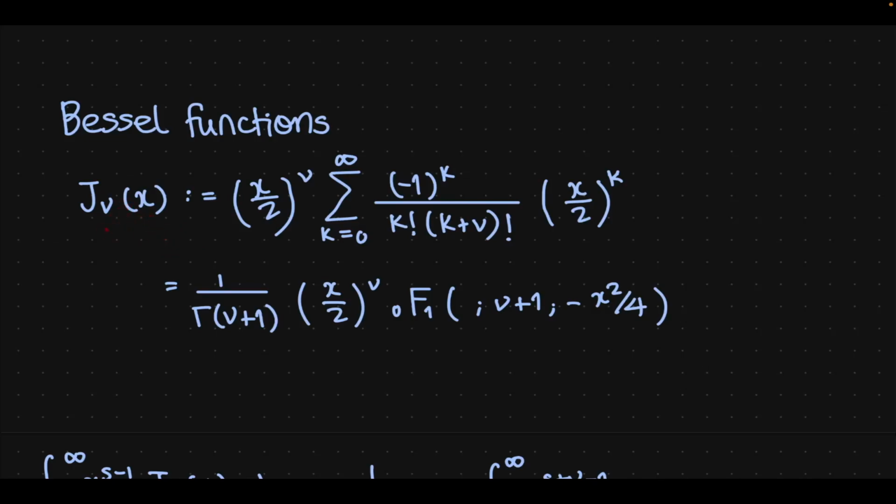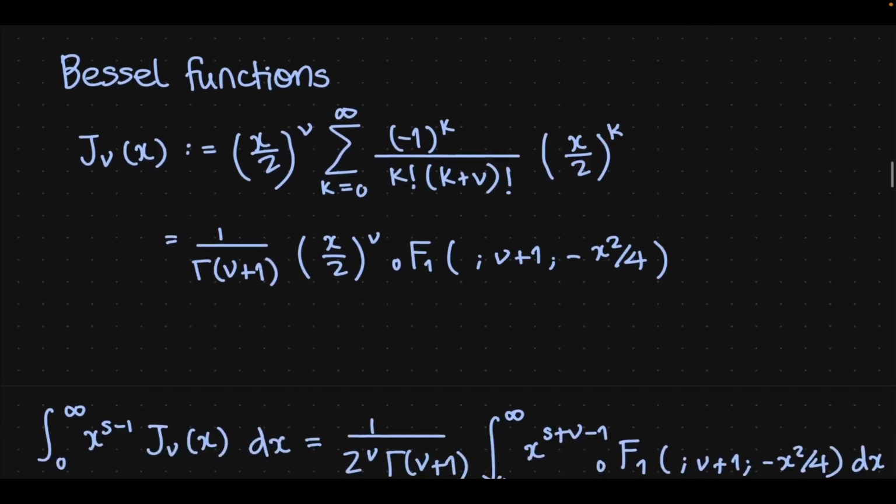So J nu of x is defined as x over 2 to the nu sum from k equals 0 to infinity minus 1 to the k divided by k factorial times k plus nu factorial x over 2 to the 2k. Now the derivation of how we go from this to the hypergeometric function is probably the fodder for another separate video. Maybe I'll make that in the future. For now, let's just take this as a given.